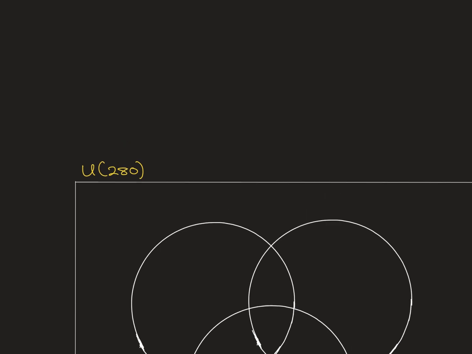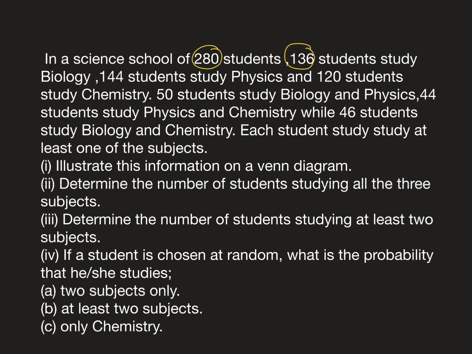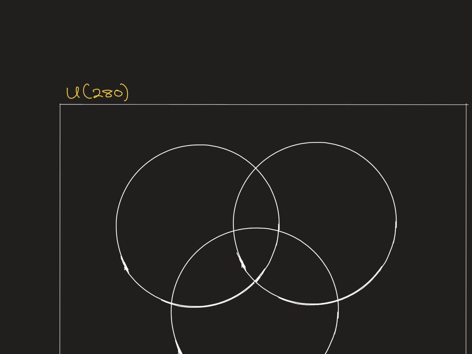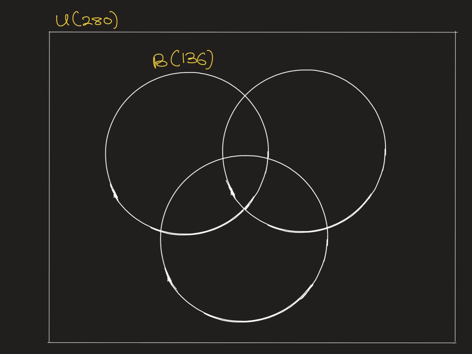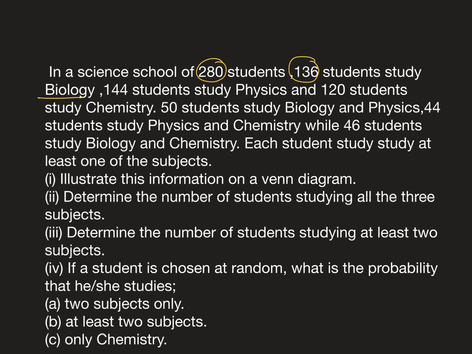You get that? Okay. It says 136 students study biology. So which means that is the total number of students studying biology. It did not say biology only or only biology. So which means that will be the total number of students studying biology. So let's say this is biology. It is 136 students. 144 students study physics.